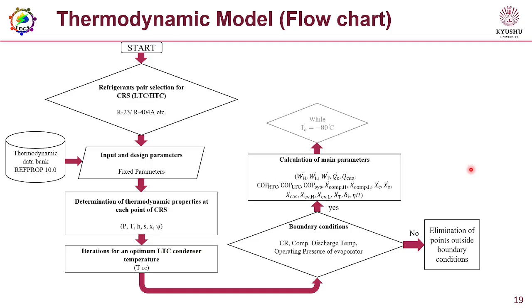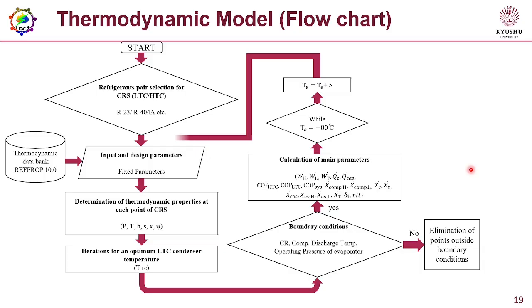After that, the main parameters like work, COP, exergy destruction, exergy efficiency were evaluated with changing evaporator temperature with a step of 5 degrees Celsius, and tables and plots were generated.